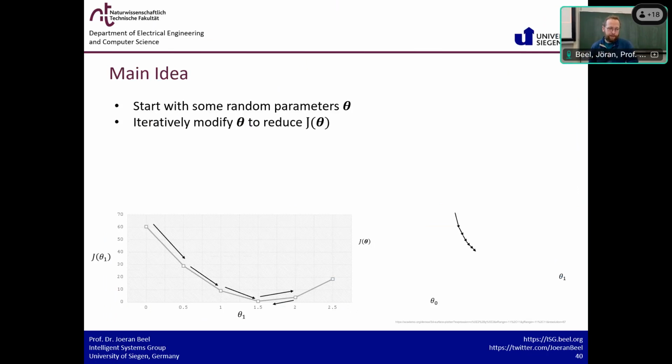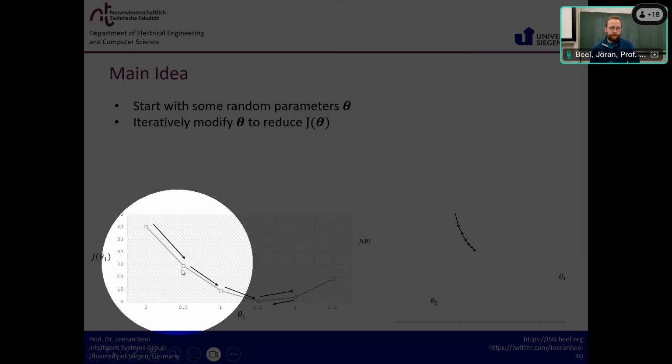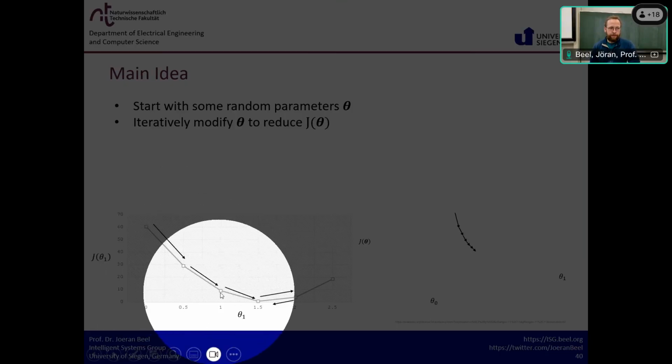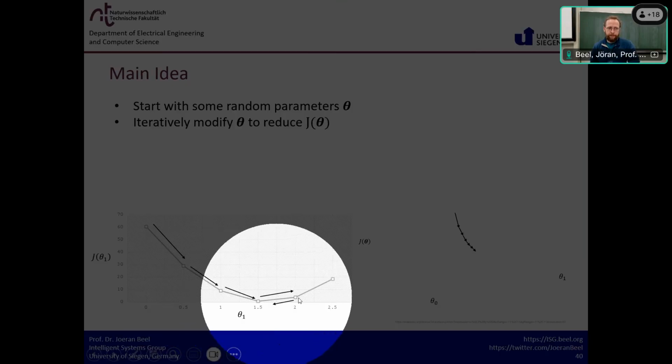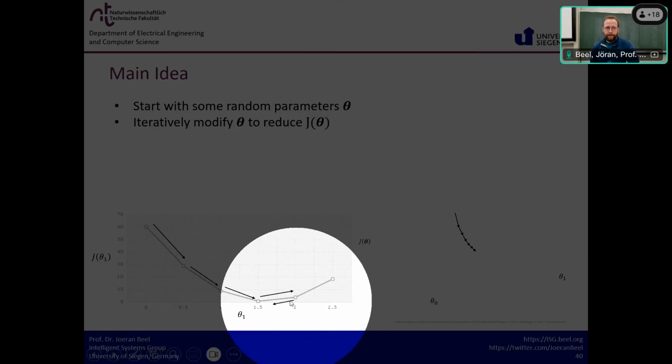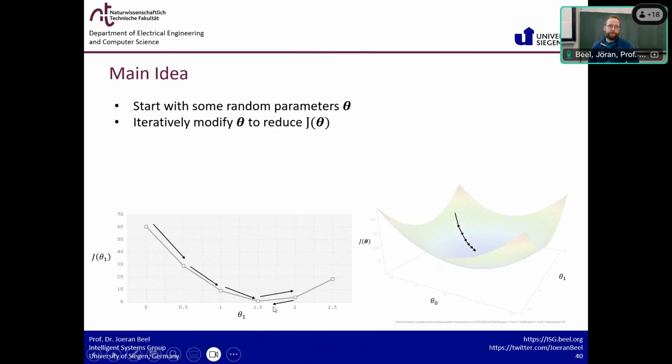That's given. We start with some random parameters and we iteratively modify theta to find the minimum. So it could be we start here, we get there, we jump here, we continue to modify. Maybe we see it's still not 0, we continue, we see now it's bigger, and we go back.